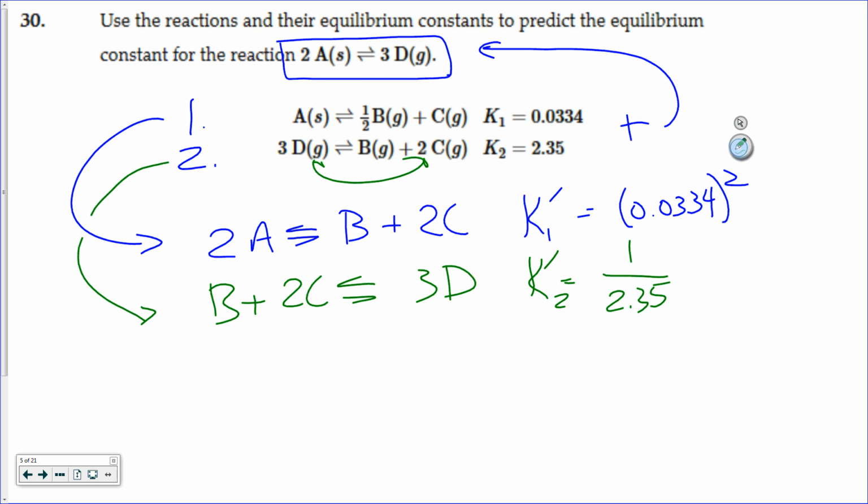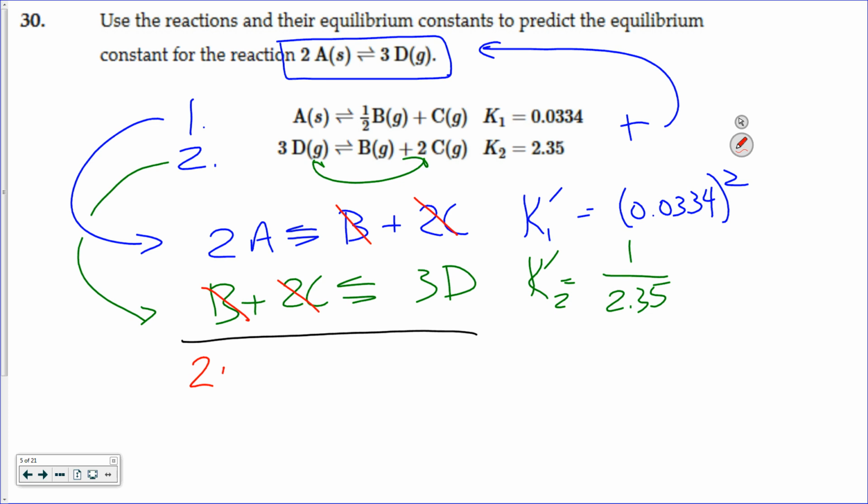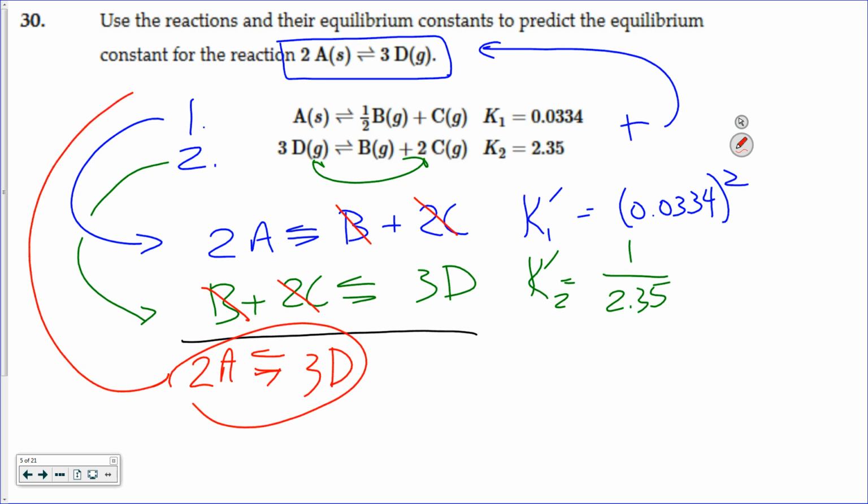Now, if I were to take those two things and add them together, I can see that there's some common things on both sides. There's a B on the left and a B on the right, and they cancel out. I've got a 2C on the left, a 2C on the right, and they cancel out. So what I have left when I put those two equilibriums together is 2A yields 3D.